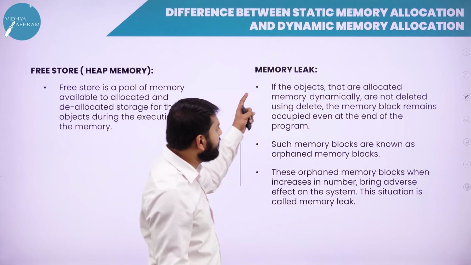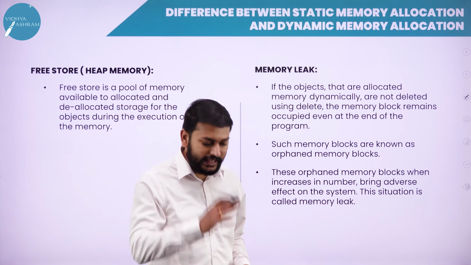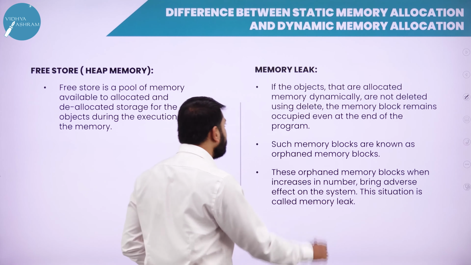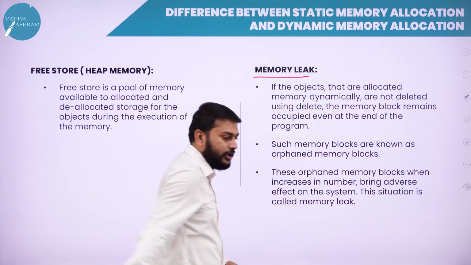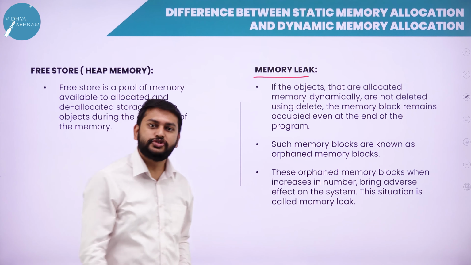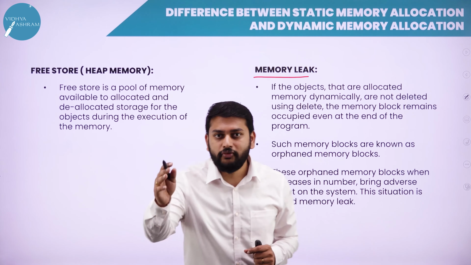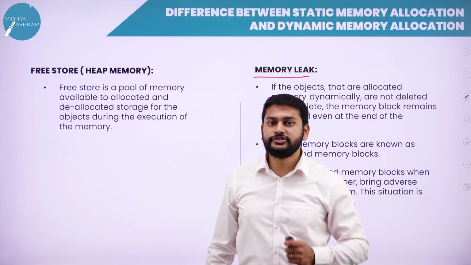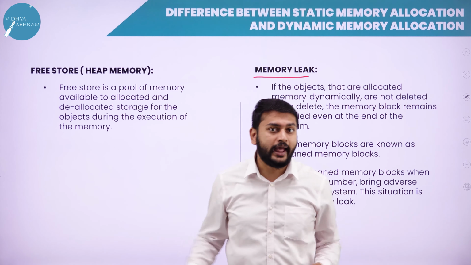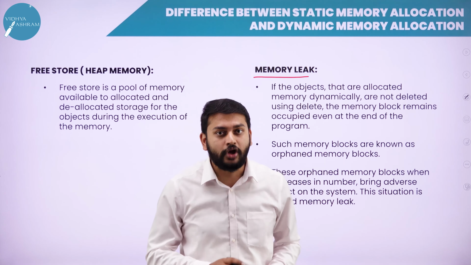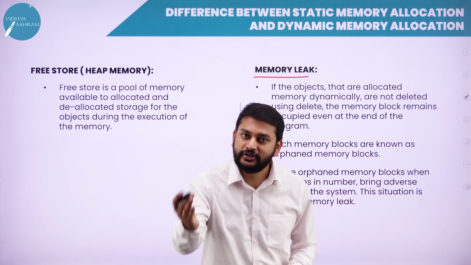The next important thing that you should remember is memory leak. What is this memory leak? Please observe. Imagine I have allocated one mobile phone to student number 1. He keeps on using that mobile phone. After his talk with his girlfriend, he should return it back.